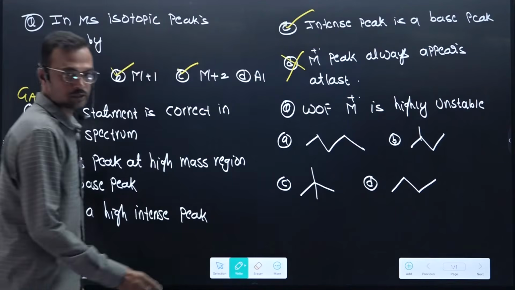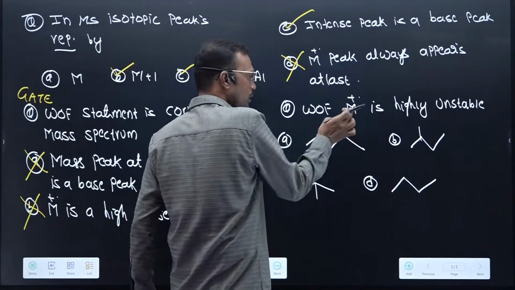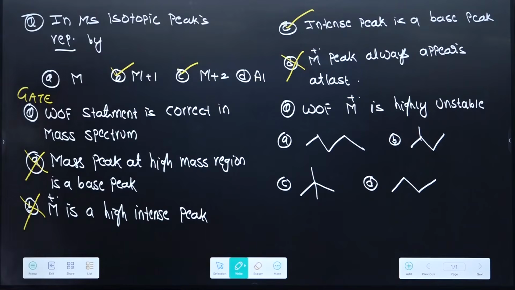These all are molecular ions. Okay, here we need to write like this. Without writing this, it is also correct, because here they only mentioned molecular ion. Which of the following molecular ions is highly unstable? Which is unstable?